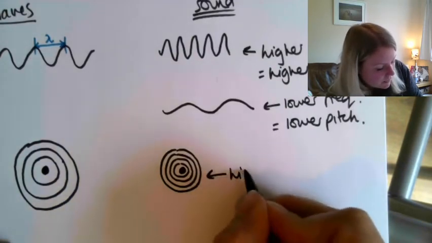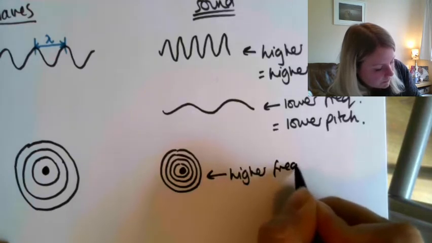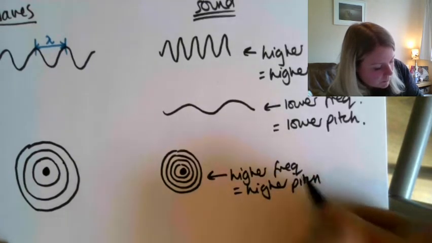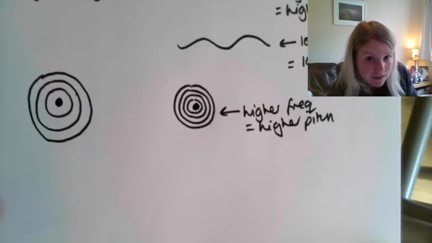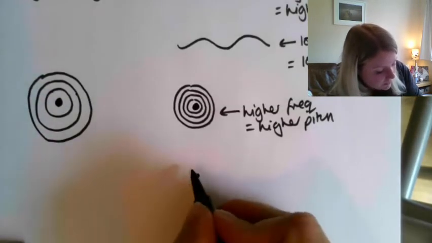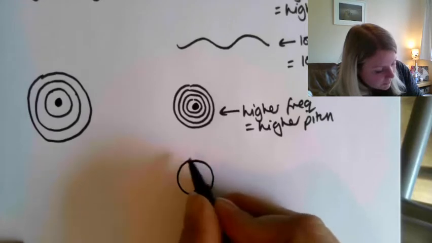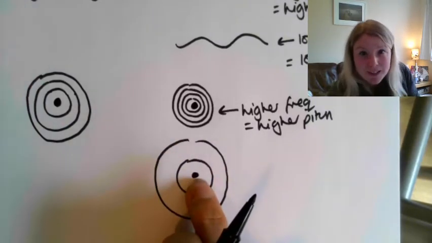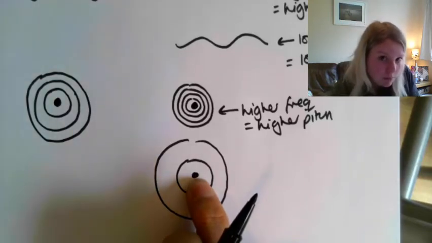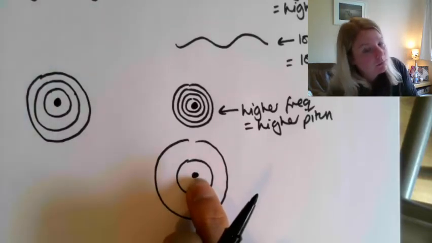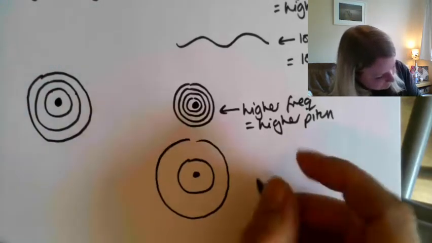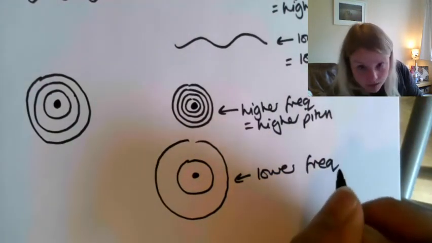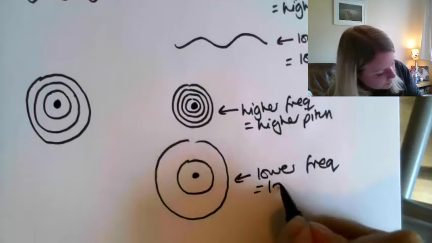So this is the higher frequency, which is the higher pitch. Same again, if we had a lower frequency, that's going to be really spread out waves, because it's taking its sweet time to produce these waves, and they're coming out really slowly, and that leads to a lower pitch. So lower frequency, as in they're not being produced as frequently, so lower pitch.